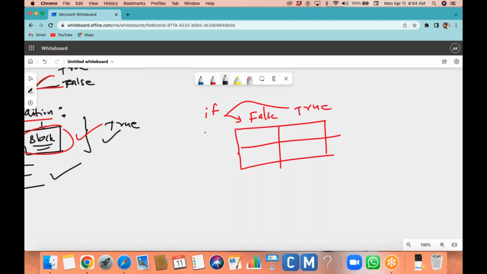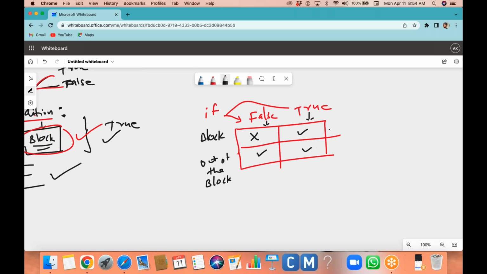In this particular situation, within an if having a block with some statements, these statements will not execute, but the statements inside the if will be executed when the condition is true. And the statements outside of the if, out of the block, can be executed whether the condition is true or false. This is the only difference.